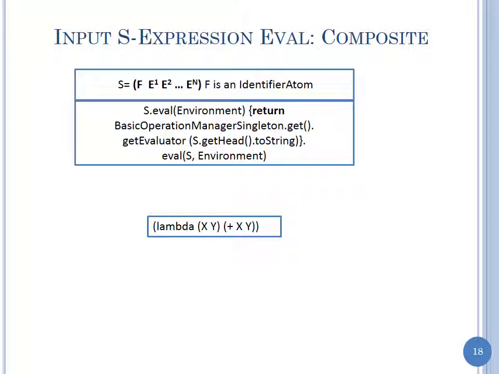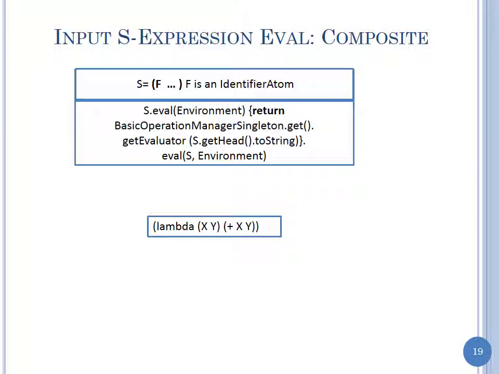Now the structure of S so far was F E1 to En, where F is an identifier atom. And we simply looked at the first atom and went and called the evaluator for it. Now S can also be F, where F is an identifier atom, and something follows it.